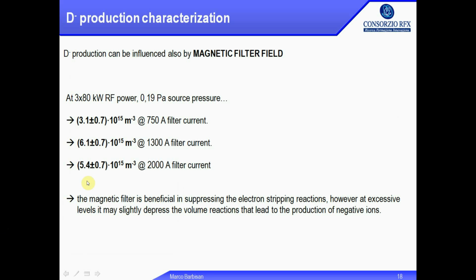However, as you can see here, there is a slight reduction when the filter current is excessively increased. This can be explained by the fact that an excessive reduction of electron density and temperature might lead to a reduction of those volume reactions that lead to the production of negative ions.